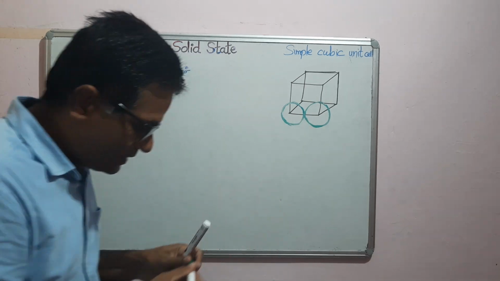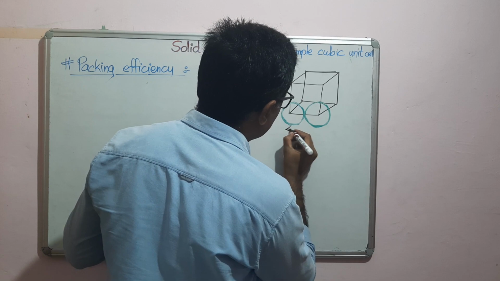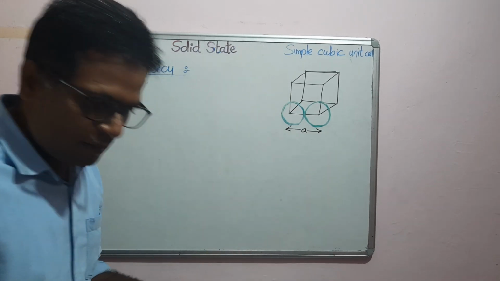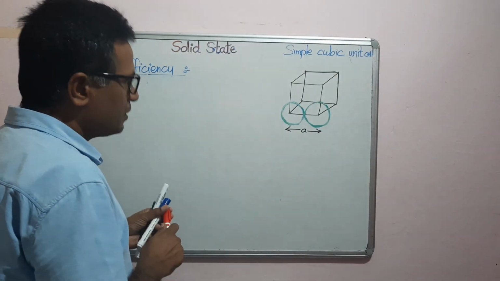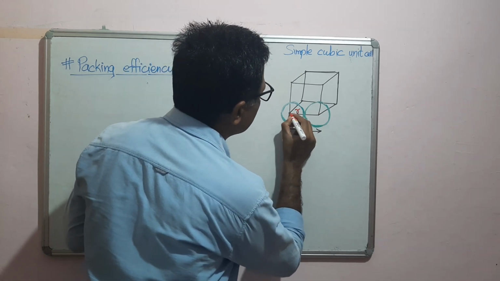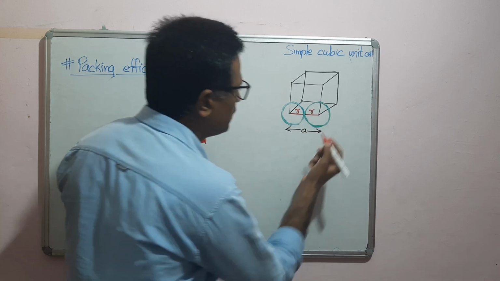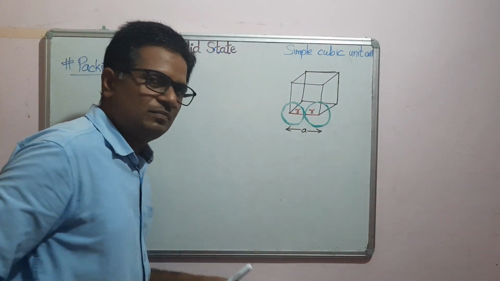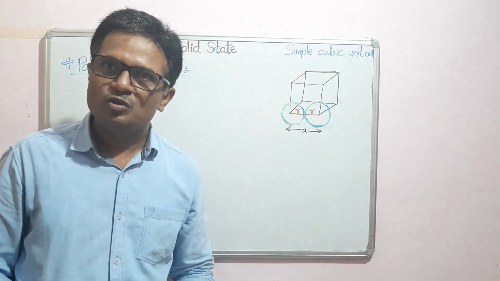Now let's say the edge length of this particular unit cell is A, and the radius of the sphere is, let's say, R. So R is the radius of this sphere, and this is another radius of the sphere, that is R. We'll use this diagram to find out the packing efficiency in case of simple cubic unit cell.